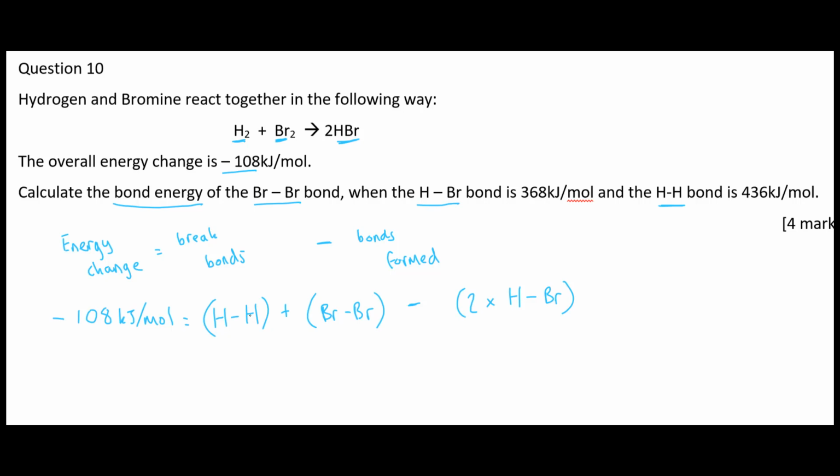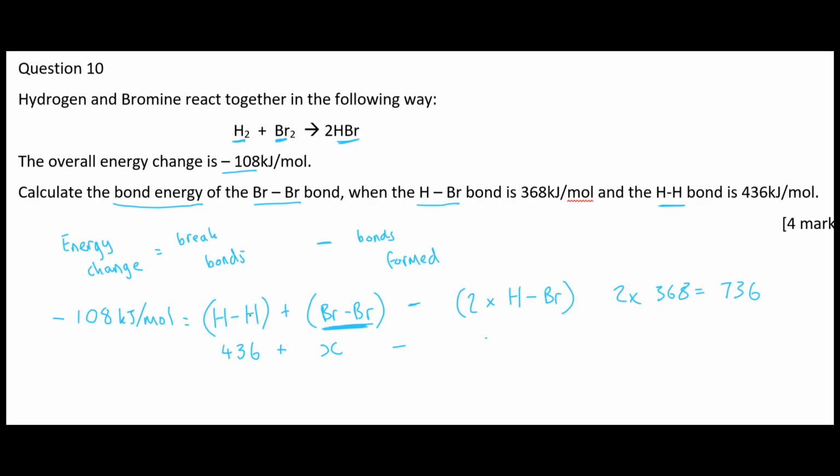And now we can start to substitute the numbers in, because we're told here that the bond energy of hydrogen is 436 plus X, because we don't know the bond energy for our bromine bond. And when we do our calculation here, 2 times 368, we get 736.